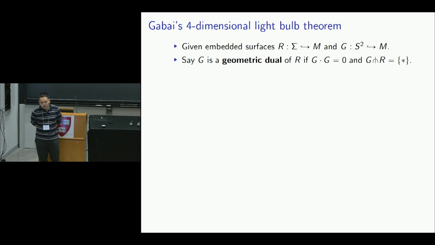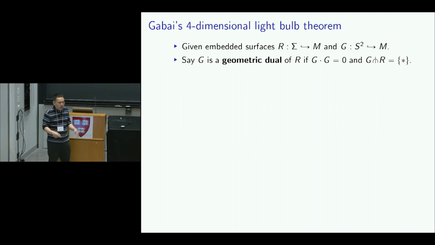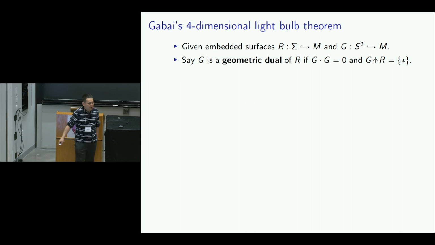We say this G is a geometric dual of R if the self-intersection number of G is 0, namely the normal bundle is trivial, and if G and R intersect transversely at a single point, namely the geometric intersection number of G and R must be 1. So they have just one single intersection.